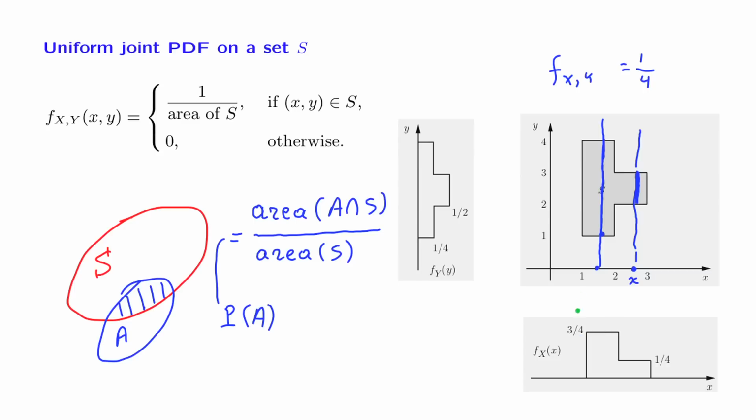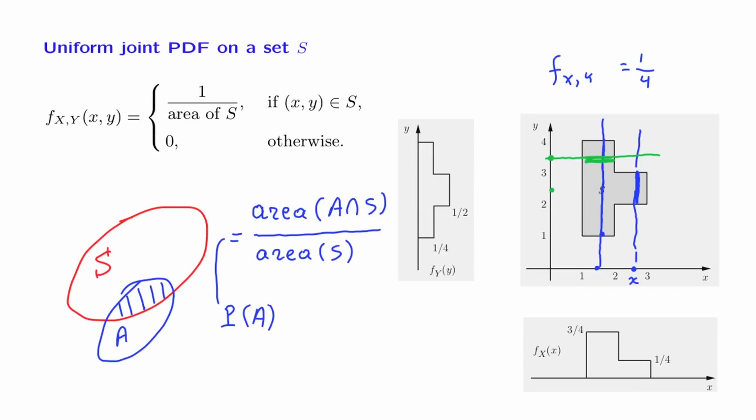There is a similar calculation for the marginal PDF of y. For any particular value of little y, to find the marginal PDF, we integrate along this line the joint PDF. The joint PDF is 0 out here. It's non-zero only on that interval, and on that interval it has a value of 1/4, and the interval has a length of 1, so the integral is going to end up equal to 1/4.